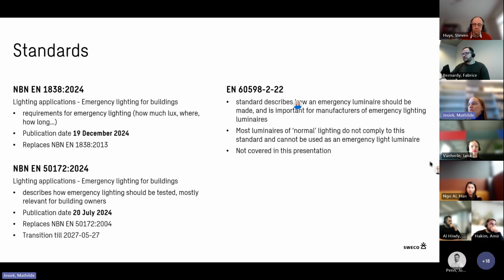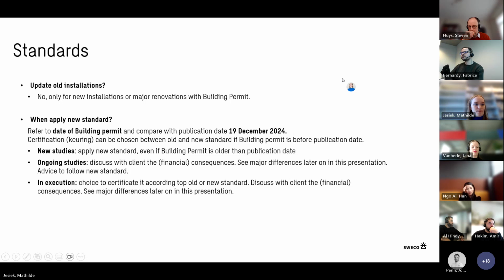We will refer to it when we talk about emergency lighting in normal lighting. The most important thing about this norm: if people in a project want to apply emergency lighting in the normal luminaire, always ask or describe in your tenders this product norm as well. But we won't go further into it.